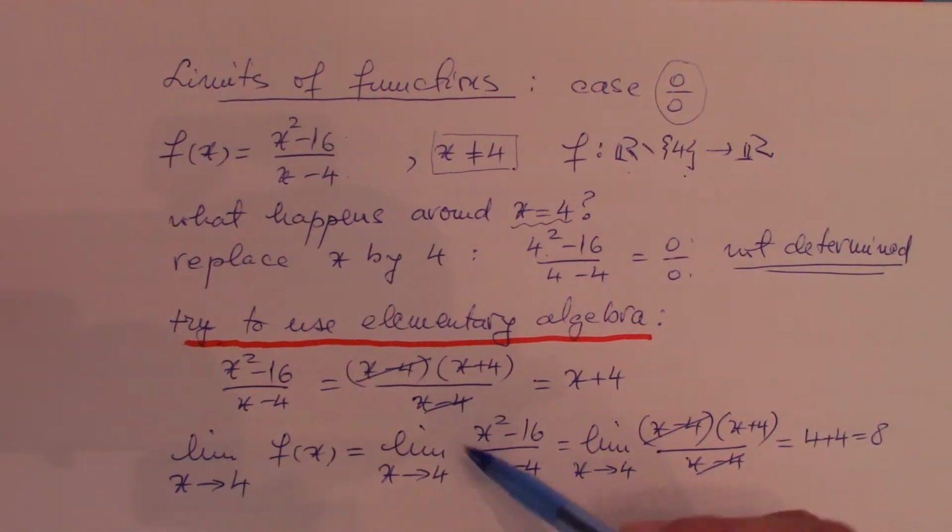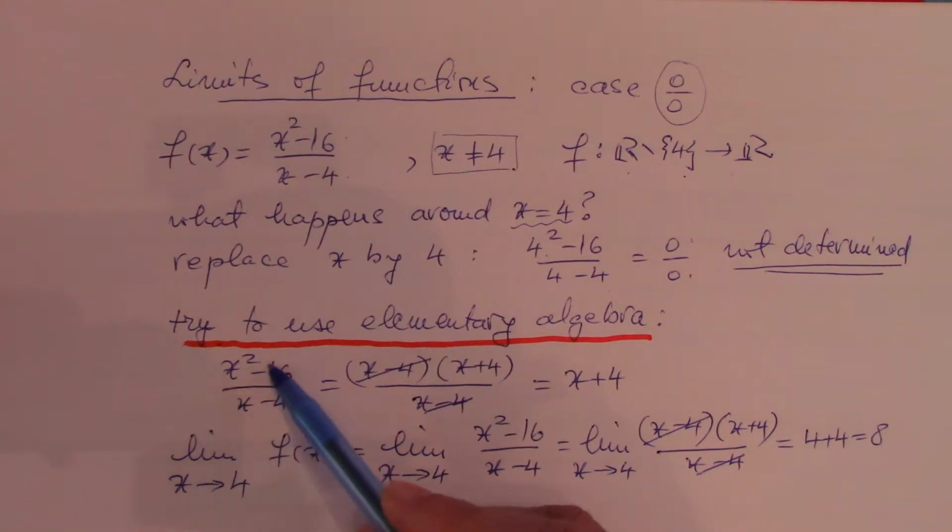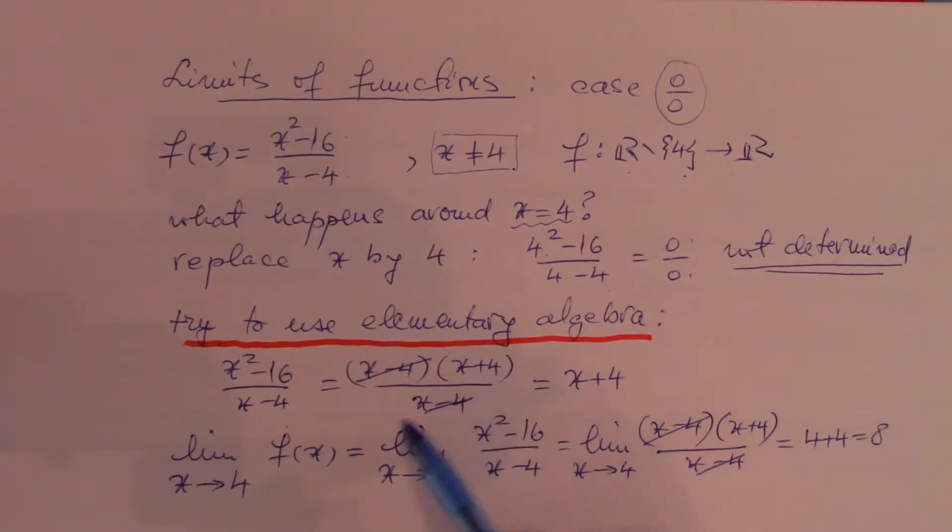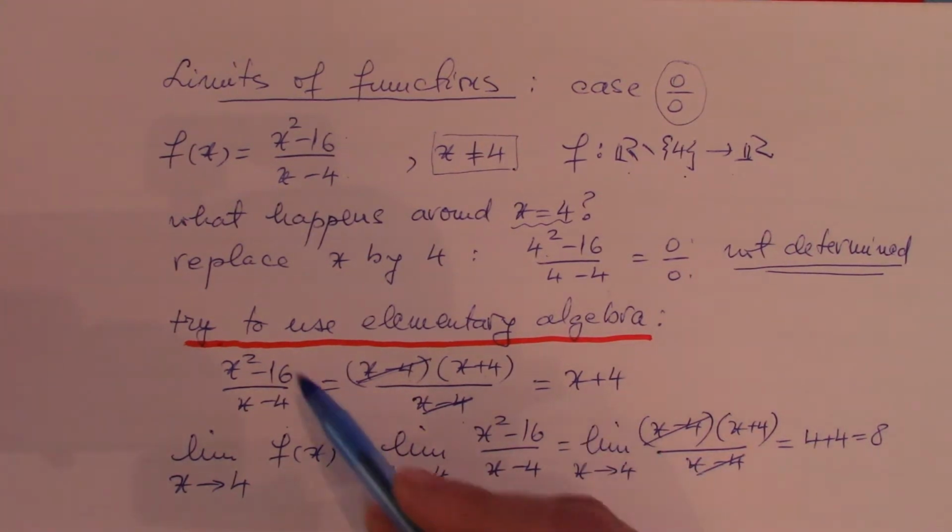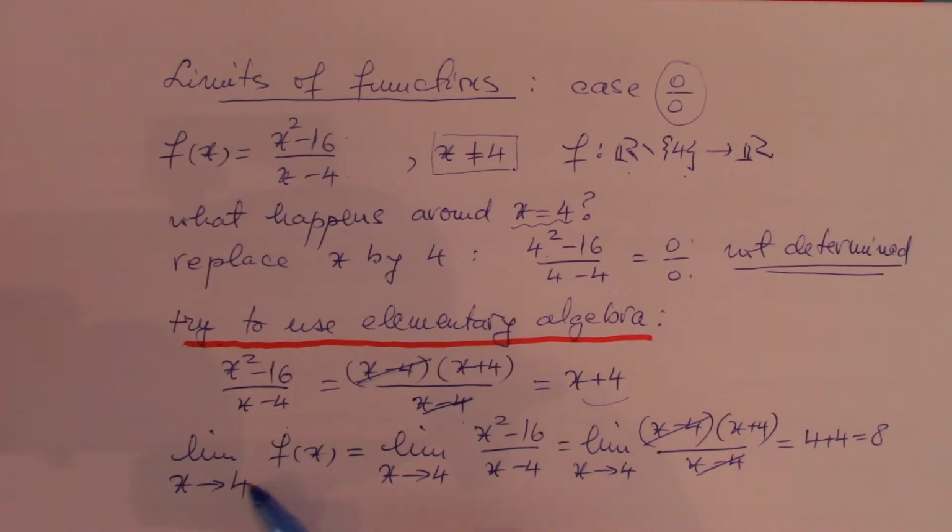If we do so, x squared minus 16 over x minus 4 becomes x minus 4 times x plus 4 over x minus 4. The x minus 4 from the numerator simplifies the x minus 4 from the denominator, so really our fraction becomes just x plus 4.